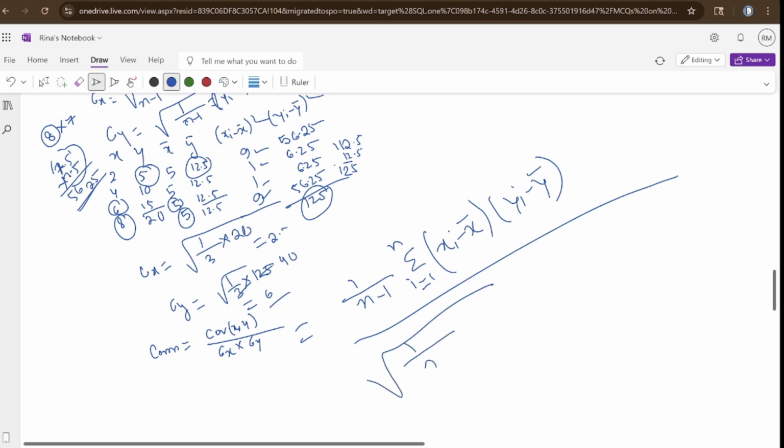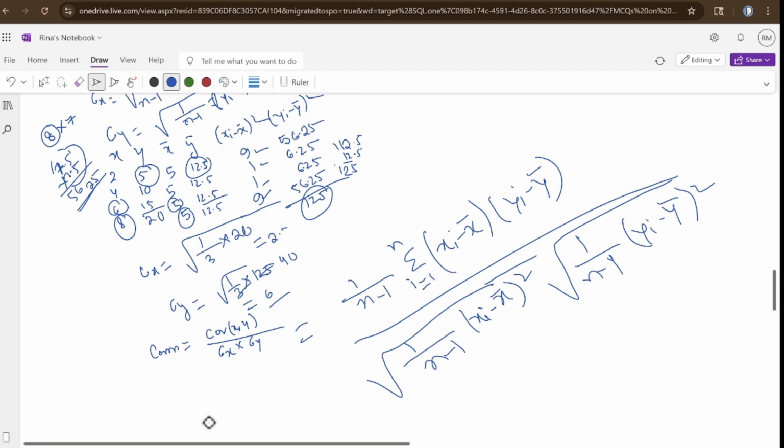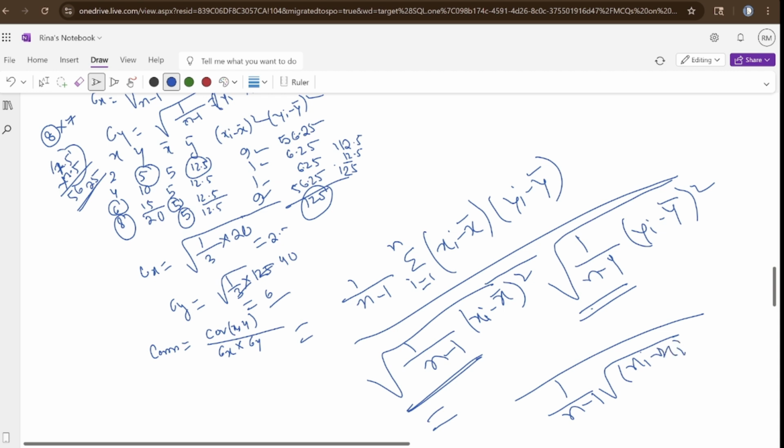See, sigma x is root over of 1 by n minus 1 into (xi minus x bar) square. Again, sigma y is root over of 1 by n minus 1 into (yi minus y bar) square. So if I multiply them, it becomes 1 by n minus 1 into root over of (x minus x bar) square times (y minus y bar) square, right?